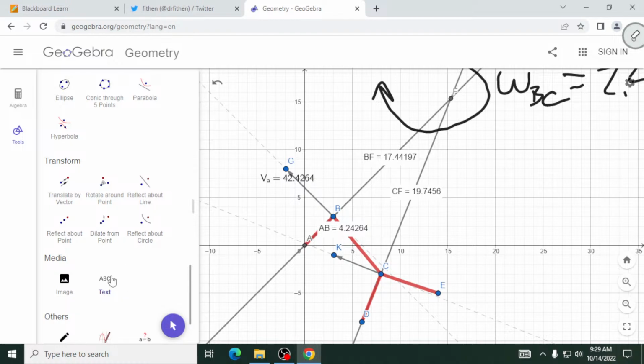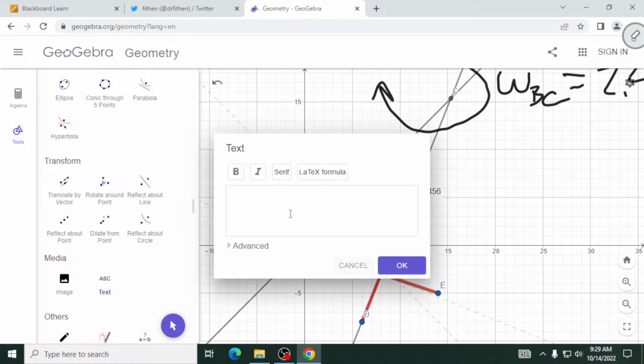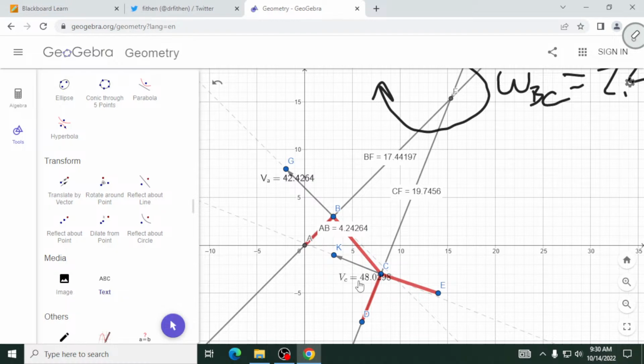C. Okay, let me do it again. Velocity underscore C, which will make it a subscript, was equal to 48.0. I'll go ahead and say 0298, just because there are other things on there. Okay, so there's the velocity.